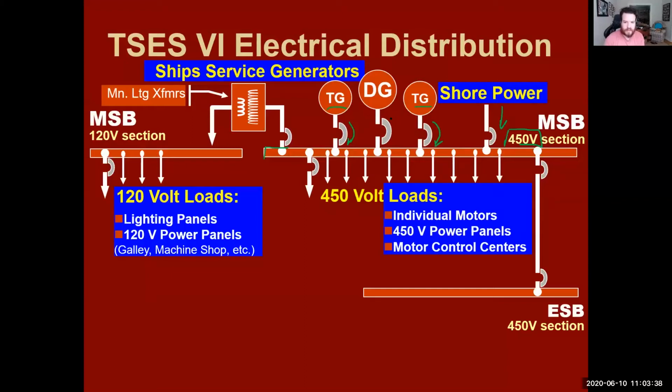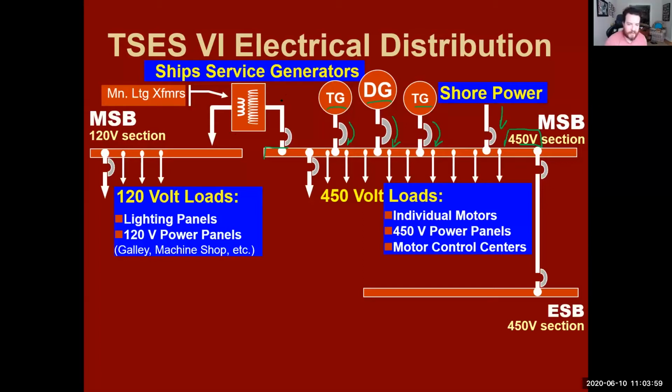And then we have our diesel generator. The diesel generator is only going to be running when the TGs are not. We use that diesel generator in port. But both TGs need to run in order to supply the ship with enough power during normal sea operation.